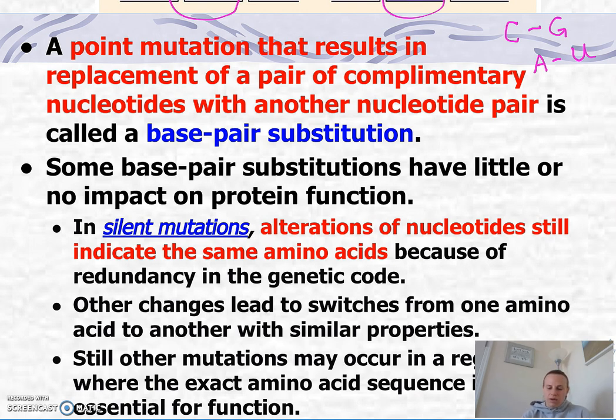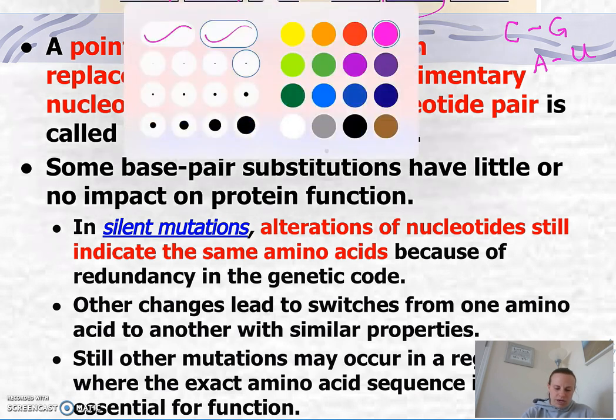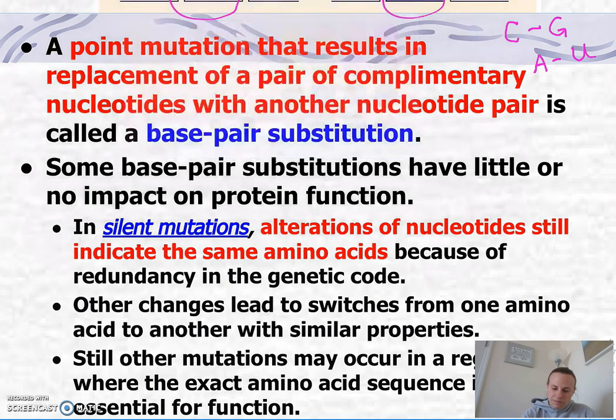For example, if I were to replace a G with an A, that would be a base pair substitution, right? I'm taking one nucleotide from one complementary base pair, and replacing a nucleotide from the other complementary base pair.